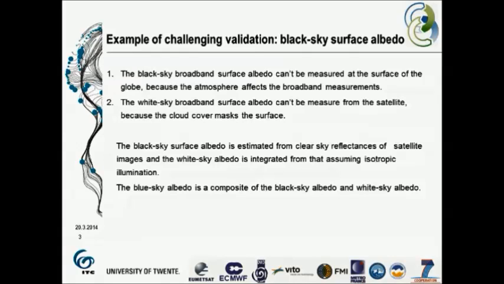The blue sky albedo is the composite of black sky albedo and white sky albedo, and that can be measured in situ, and we can think that the satellites react to the blue sky albedo, because we have both the normal direct illumination and some part of diffuse illumination included.